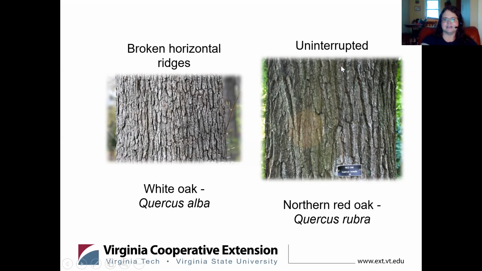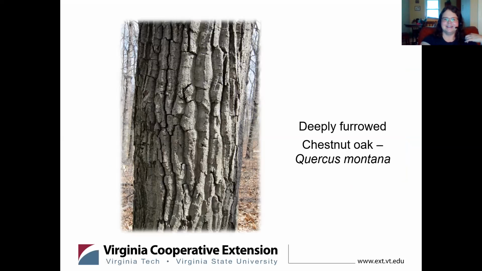That's what's in between the ridges. The little valley right here is the furrow. You can see these are uninterrupted. Not always true, but you can see most of the ridges travel all the way down the tree. Very interesting, I think. Chestnut oak has very, very deep furrows, as you can see. Very interesting tree.